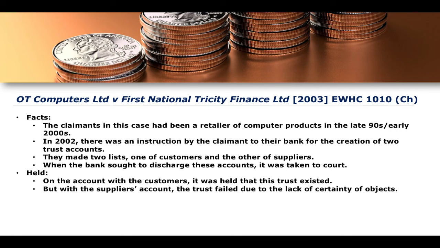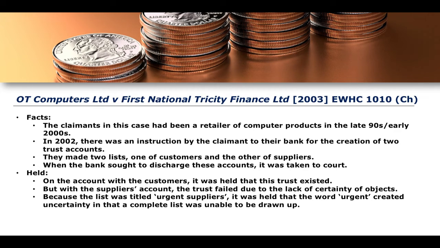But the supplier's account failed to create a trust owing to a lack of certainty of objects, because this was an account which was titled, quote, urgent suppliers, and it was held that the word urgent created uncertainty in the complete list test, and therefore was unable to be drawn up.